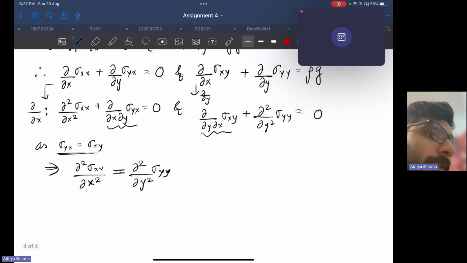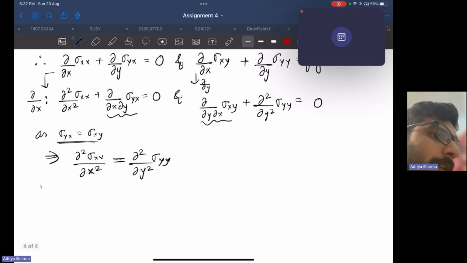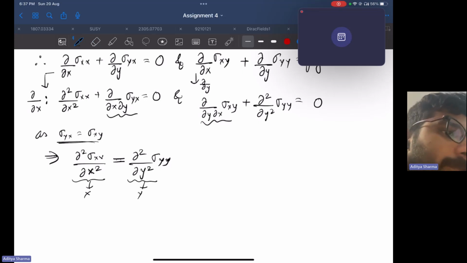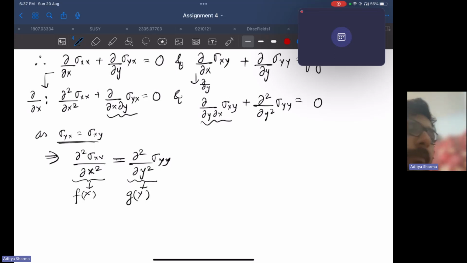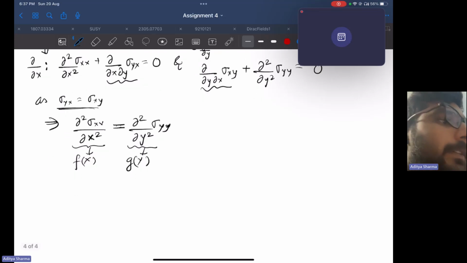So if we say that sigma xx is only a function of x, since this part is only a function of x, and this part is only a function of y, then we can solve further. So function of x is equal to function of y. That means it should be a constant.